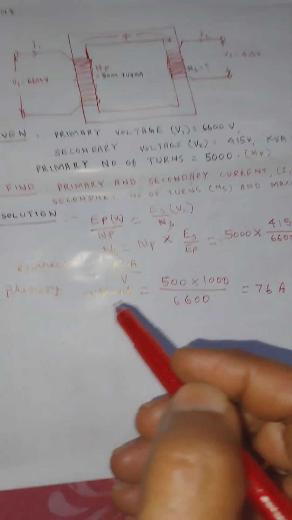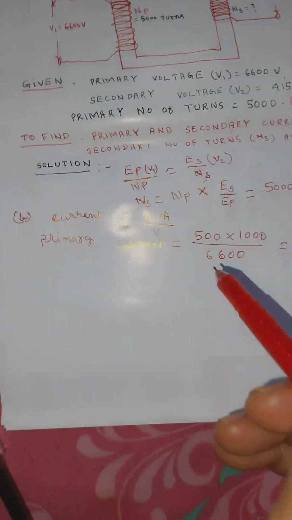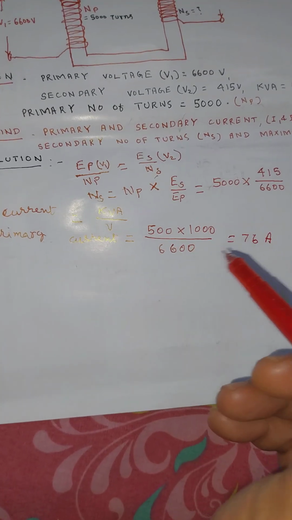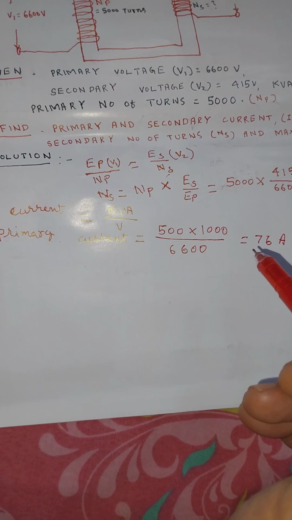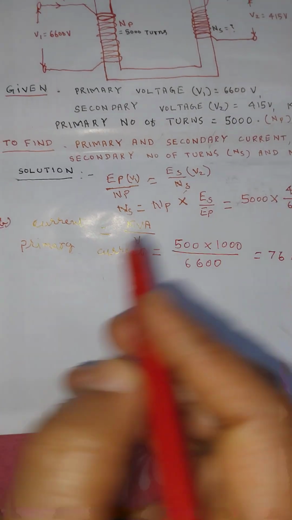Had it been a three-phase transformer, this current would have been this divided by √3. That will be 30 or 31 ampere.